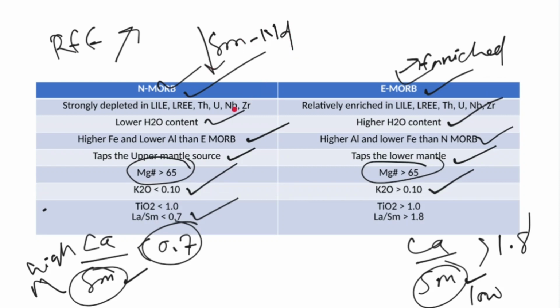Because the elements enrich in the crust, but samarium neodymium has a different behavior, it will stay in the mantle only. Okay, that's why this enrichment is classified between N-MORB and E-MORB. That's why we have compared lanthanum and samarium. Samarium stays in the mantle only; it will not cross into the crust. Okay, so that's the thing.